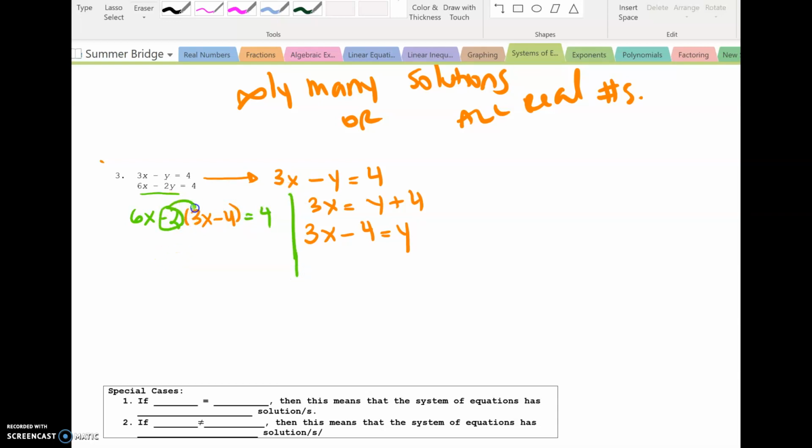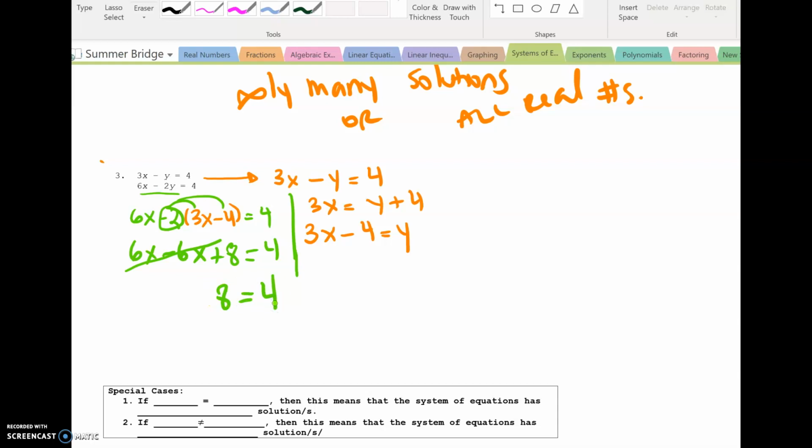So now I'm going to distribute my 2, so I have 6x minus 6x plus 8 is equal to 4. And again, look what happens. My two variables end up canceling out, and I'm left with 8 is equal to 4.